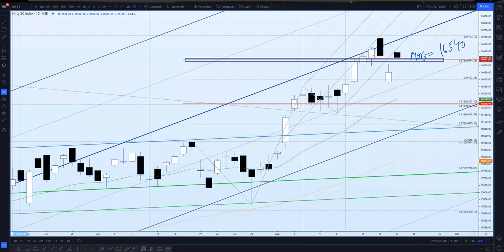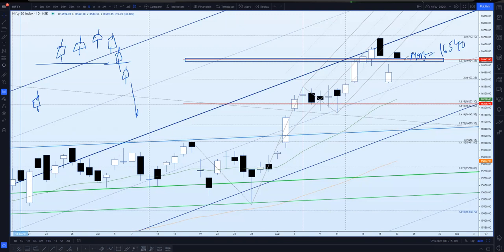Now, if this level is important, and as we can see today we have opened just above this level, that means today's intraday chart is in a gap up opening like this. So as long as the market is above today's gap, the market can be bullish and can go higher. But if we are again coming below this level, below the gap, then I think there will again be a complete sell off in the market.